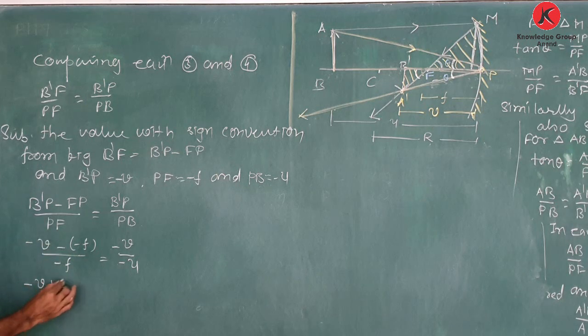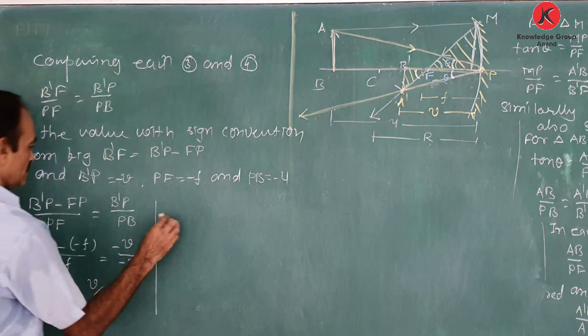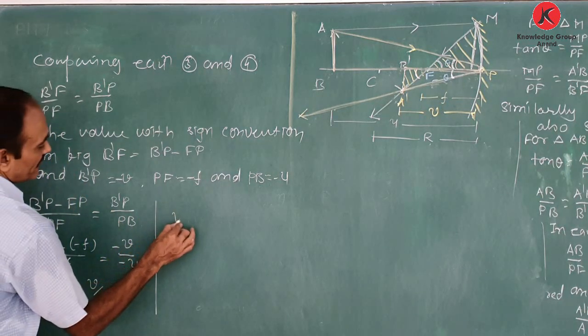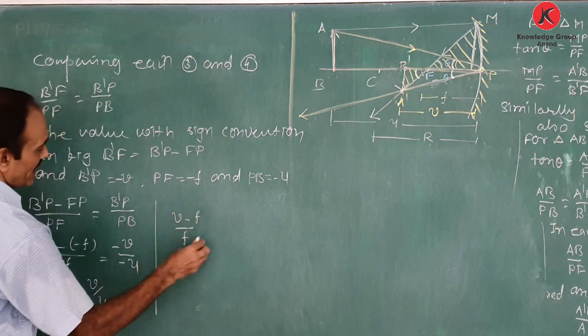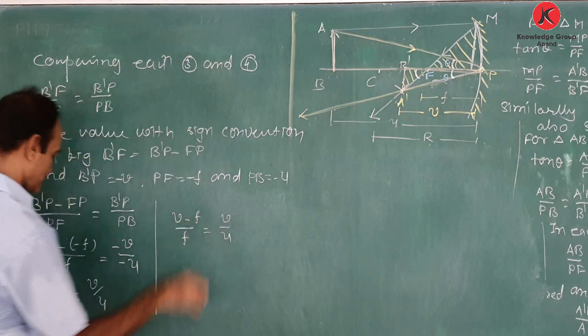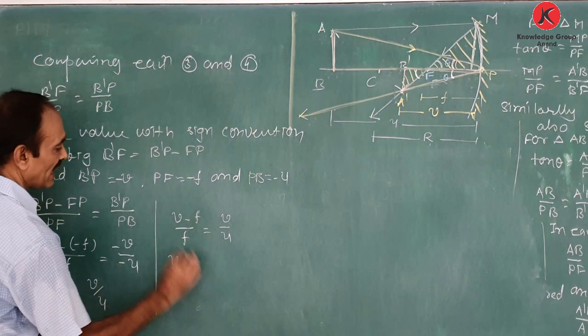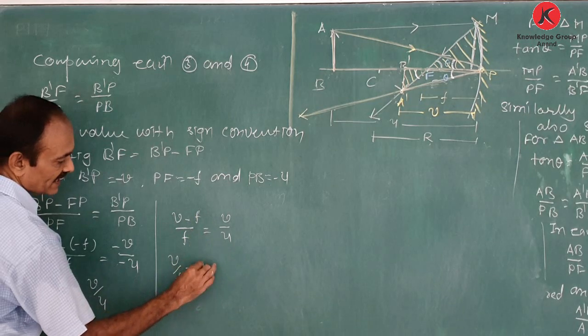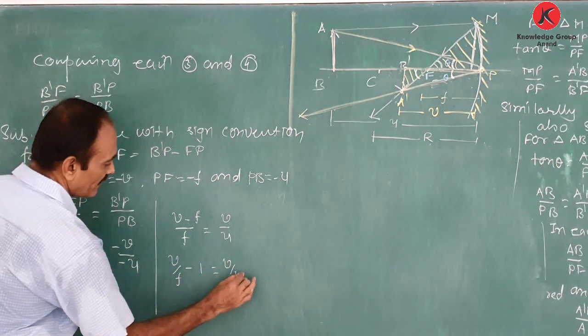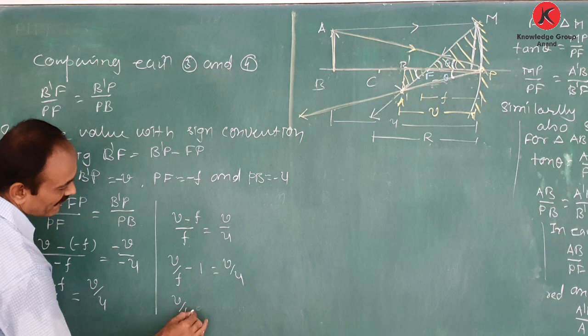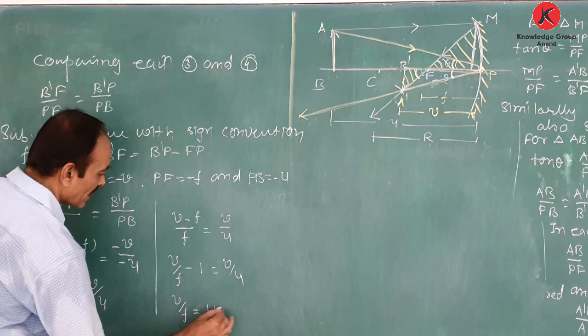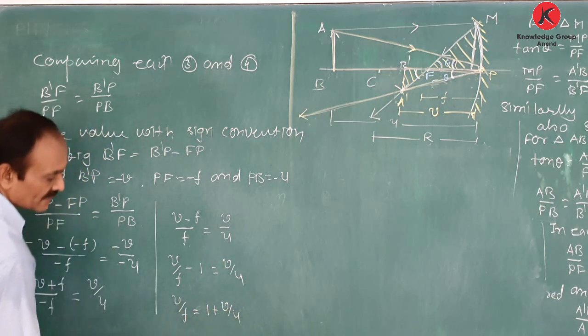Therefore, v minus f upon f is equal to v upon u. Therefore, v upon f minus 1 is equal to v upon u. So v upon f is equal to 1 plus v upon u.